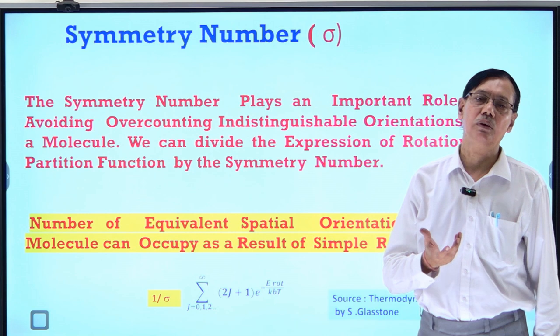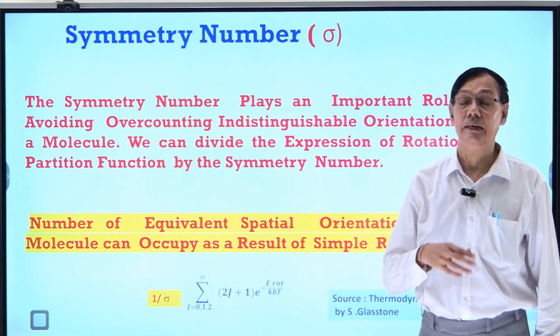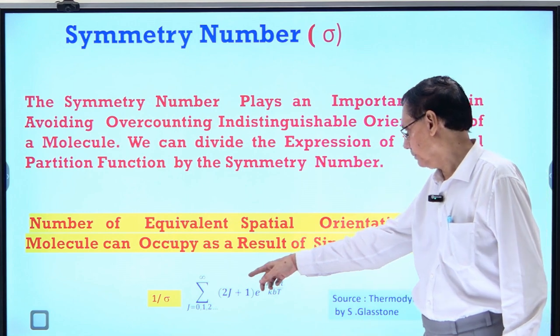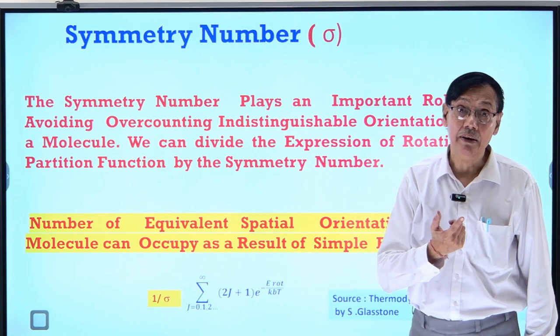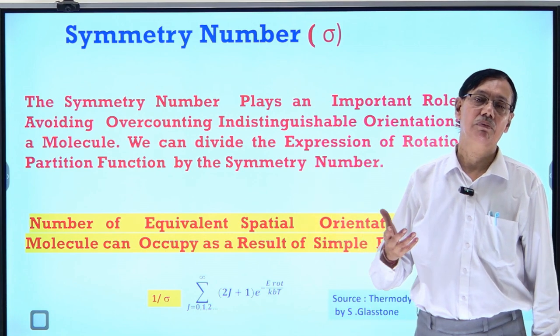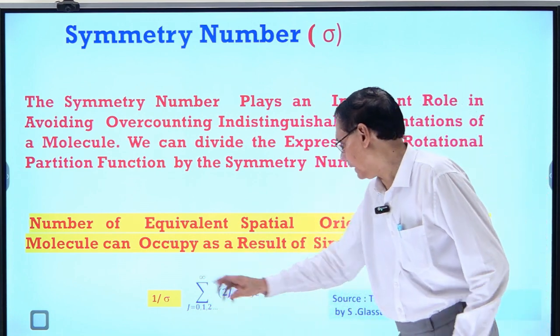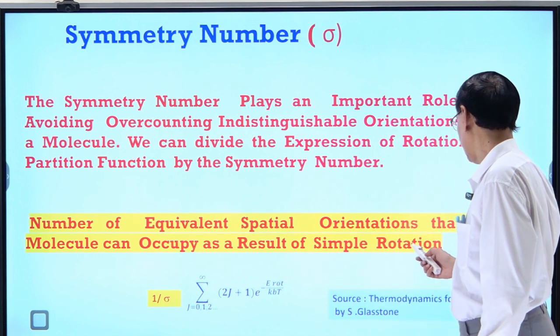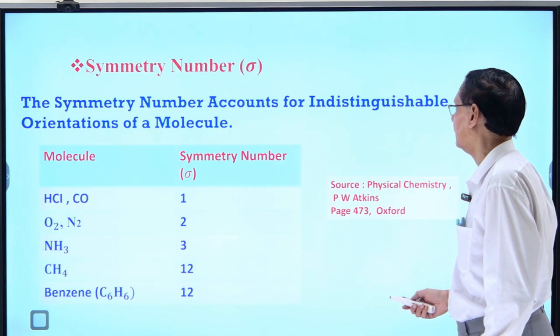If I am taking a hydrochloric acid, HCl molecule, then the symmetry number is 1. If I am taking benzene, the symmetry number is 12. I am taking this formula from the book Thermodynamics for Chemists by Glasstone.